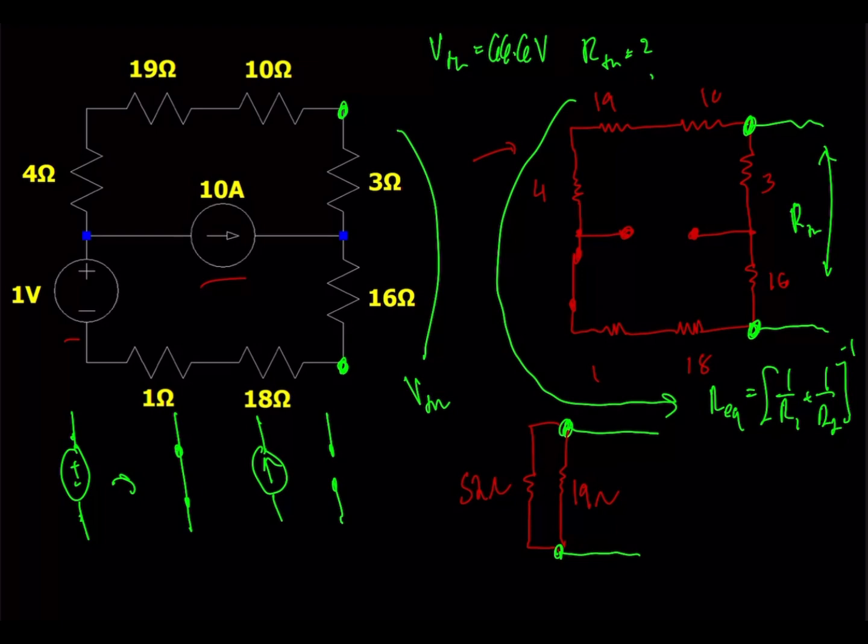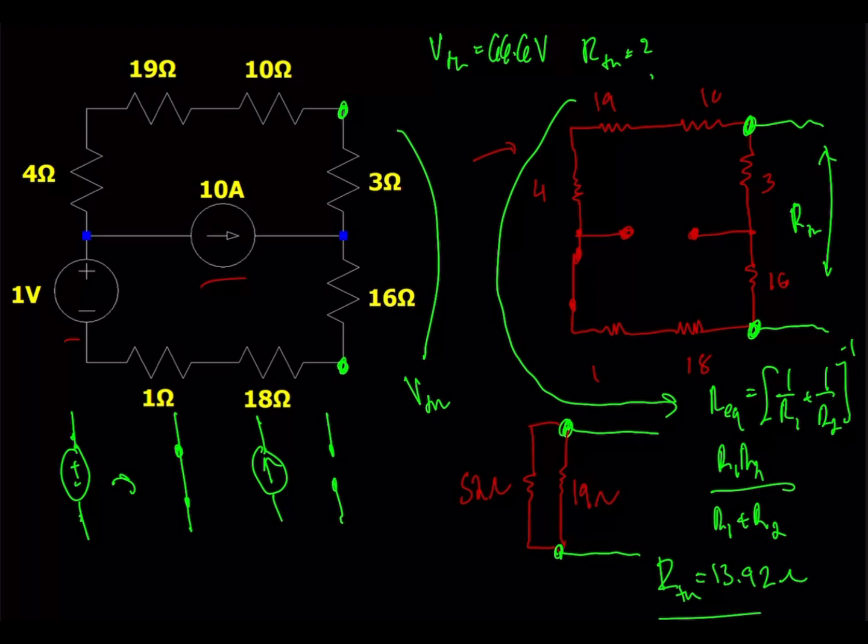And for two resistors, you can simplify this algebraically to just get the product of their resistances over their sum. So after performing that, you should get a resistance value of 13.92 ohms. And this is our Thevenin resistance.